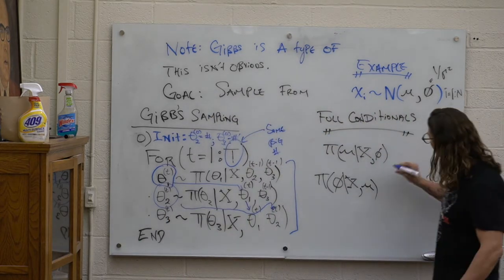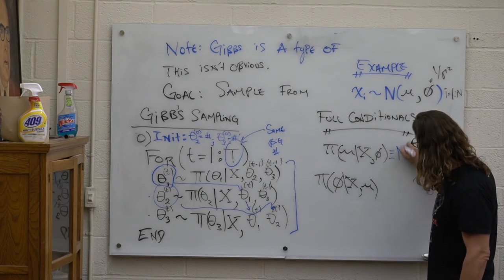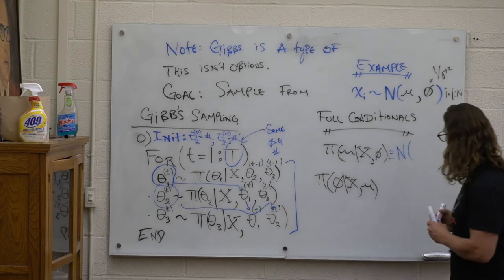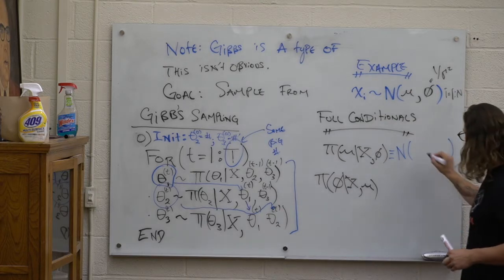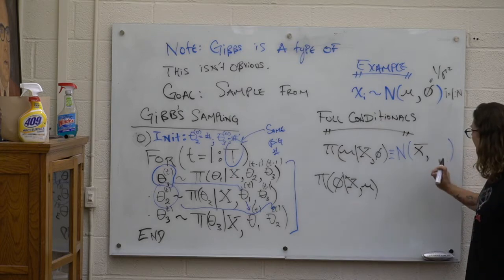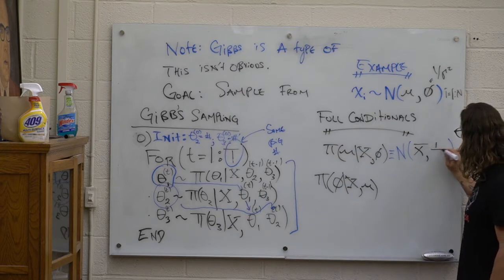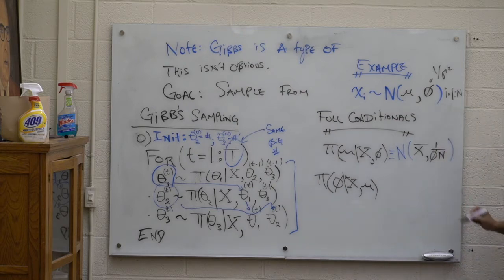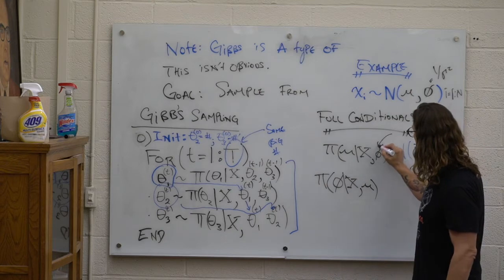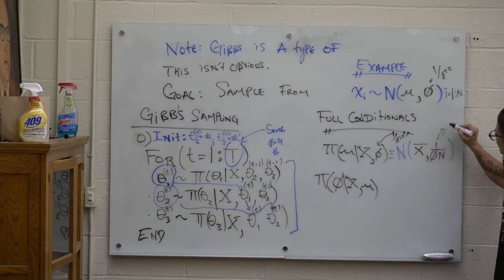So this is going to be a normal distribution. It's going to have parameters x bar, and it's going to have variance parameter 1 over phi n. So this right here is 1 over sigma squared, just so you can get your bearings straight. And this right here is sigma squared over n. So they mean the same things.